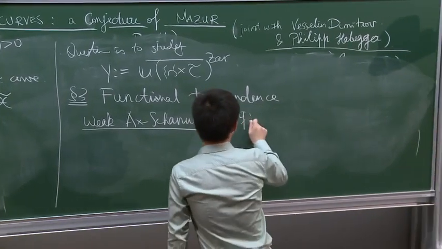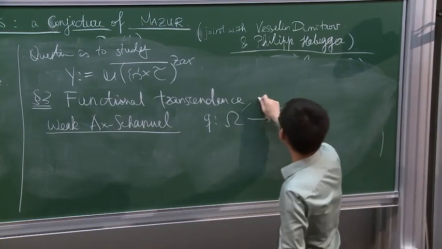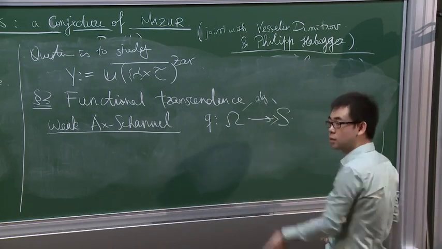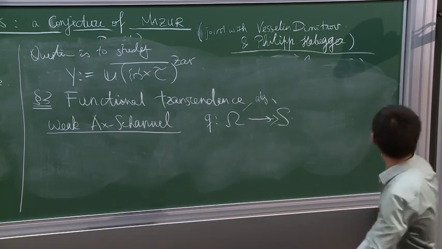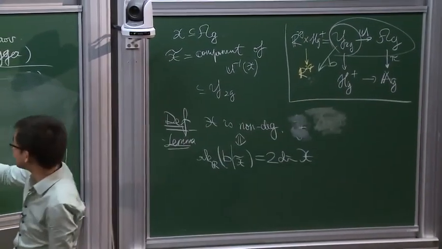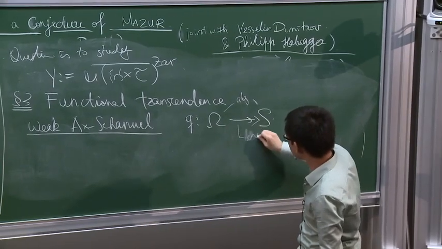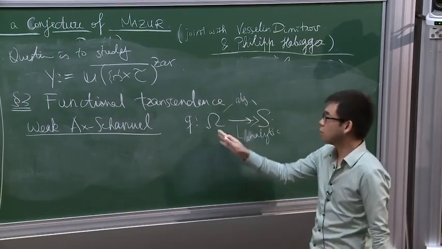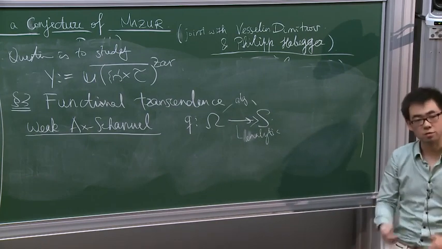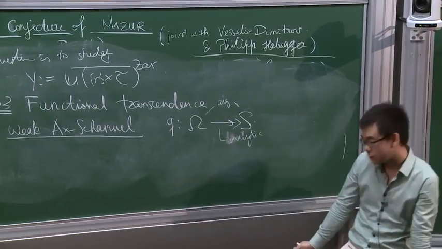If we have two algebraic varieties, and this is a surjection, usually the uniformizing map, linked by an analytic map Q. So both omega and S are supposed to have some algebraic structure, but Q itself is very far from being algebraic. It's highly transcendental, but it's only analytic.